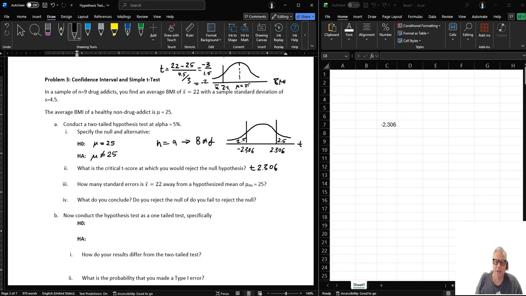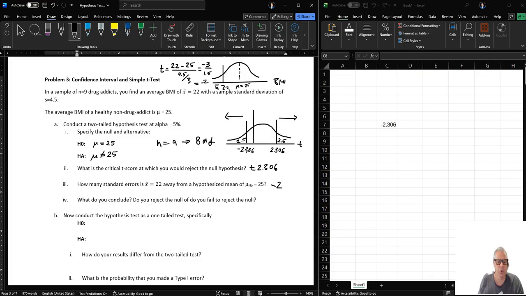And we can see that our rejection zone is to the right of 2.306 and to the left of negative 2.306, but our test statistic of negative 2 is not inside the rejection zone. So here the answer for 3 is negative 2.